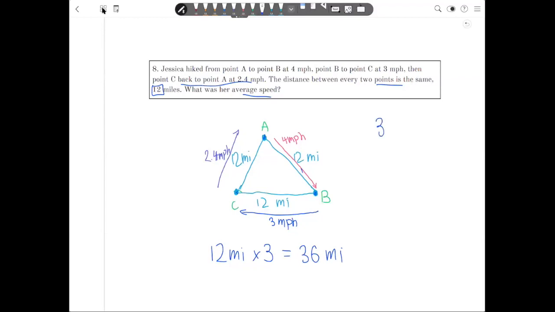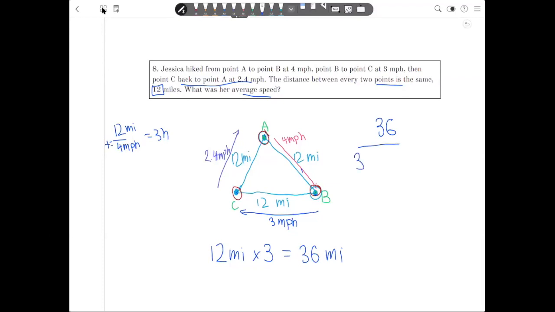So 36 miles. And now we have to find the total time. So we can just find the time for each of the line segments, A to B, B to C, and C to A. So what's the time that it takes from A to B? It's just going to be 12 miles divided by 4 miles per hour, or 3 hours.